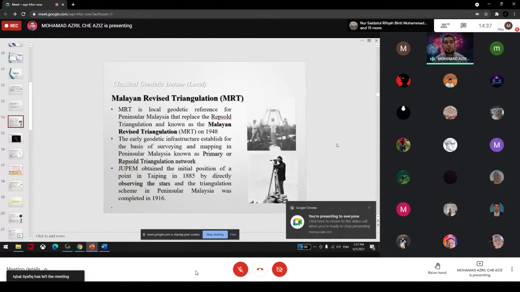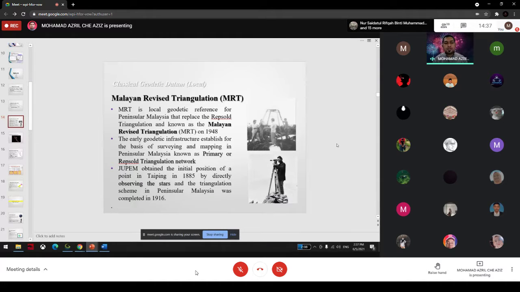The Malayan Revised Triangulation is a local geodetic reference for Peninsular Malaysia that replaced the primary triangulation and became known as the Malayan Revised Triangulation (MRT) in 1948. It was the early geodetic infrastructure established as the basis of surveying and mapping in Peninsular Malaysia.